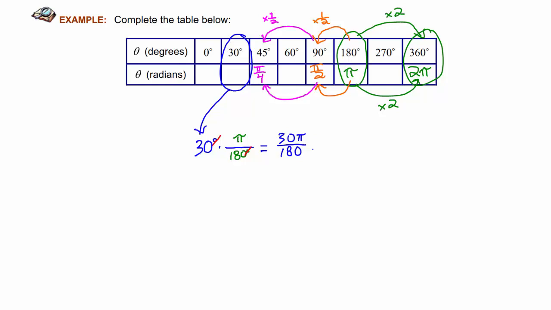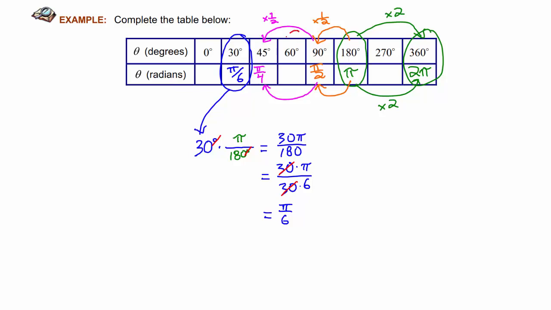And then we can just reduce this fraction. There's 6 30s inside 180, so we could have 30 times pi over 30 times 6 and cancel the 30 and end up with pi over 6. So 30 degrees is pi over 6.